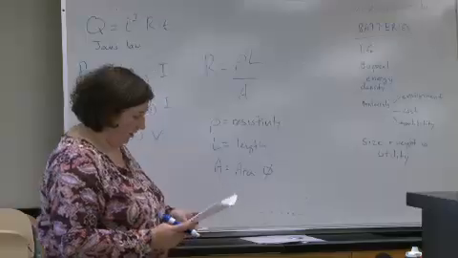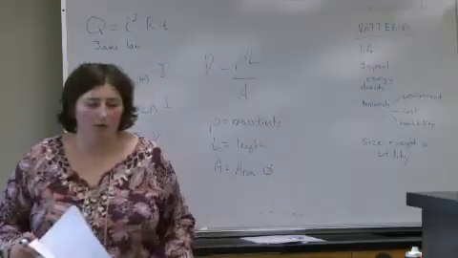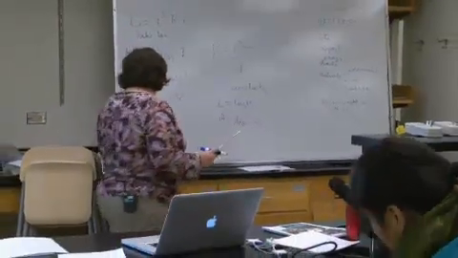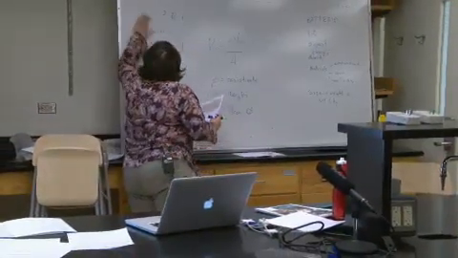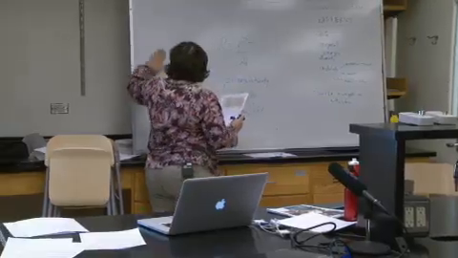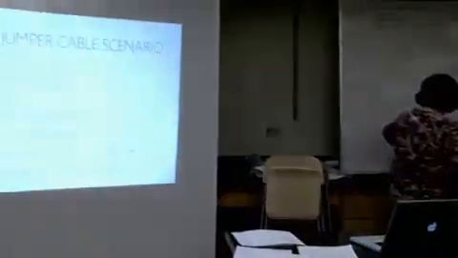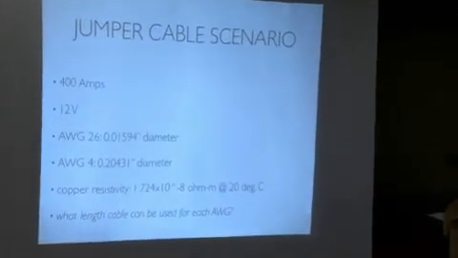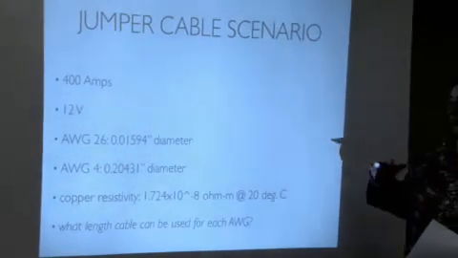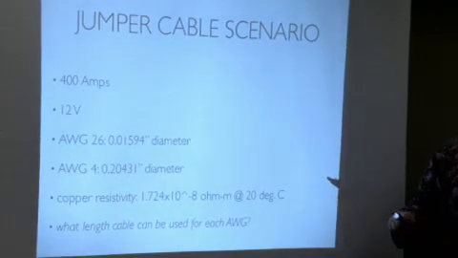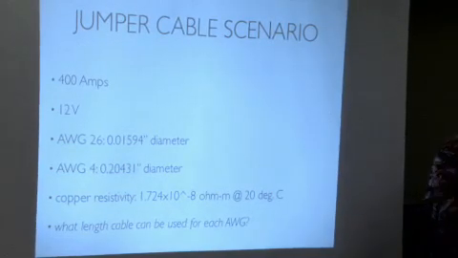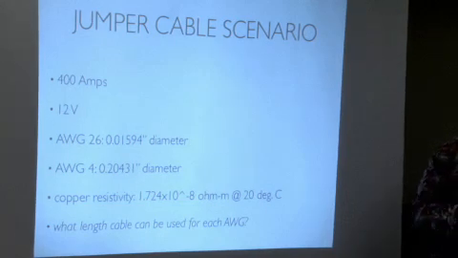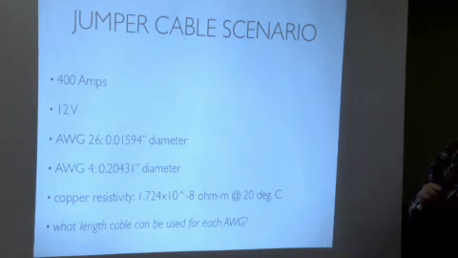So let's run through a calculation just to hopefully make this clearer. In teams of a couple of people, run through this. Typical jumper cables help provide a jump to a dead car battery from an existing working car battery, right?